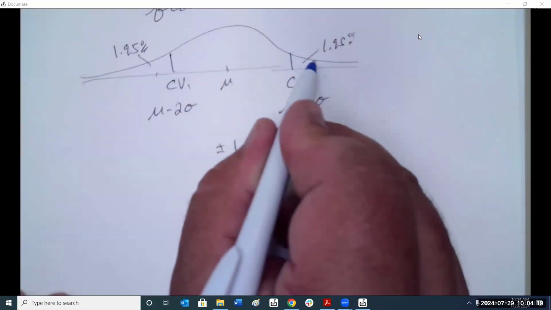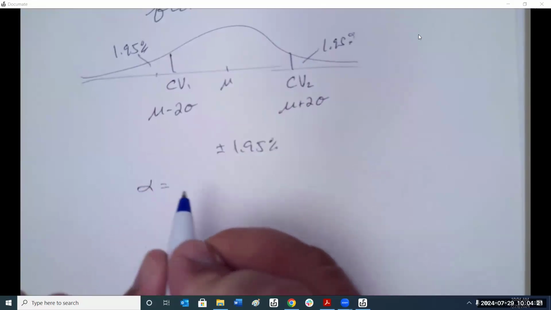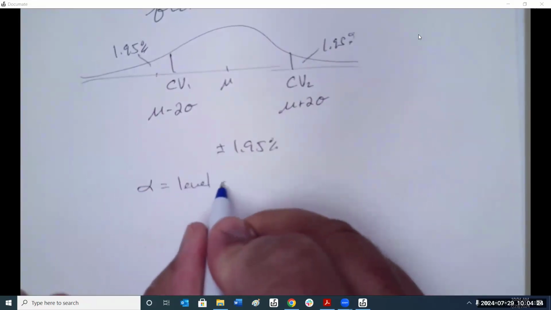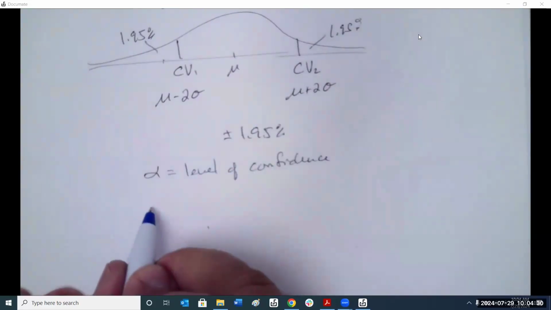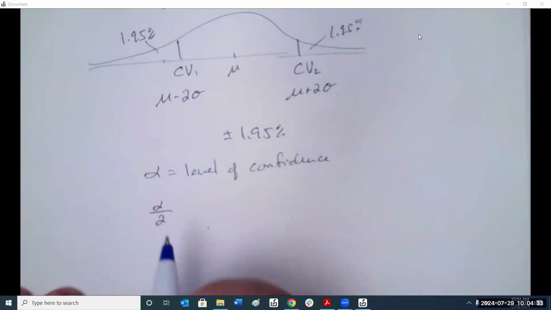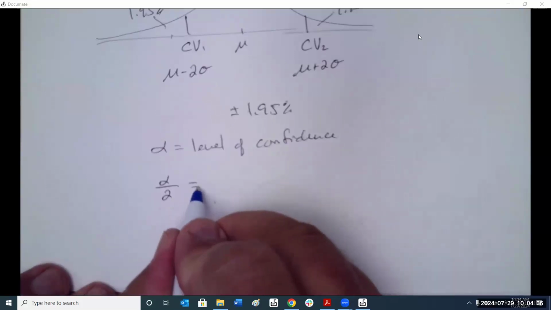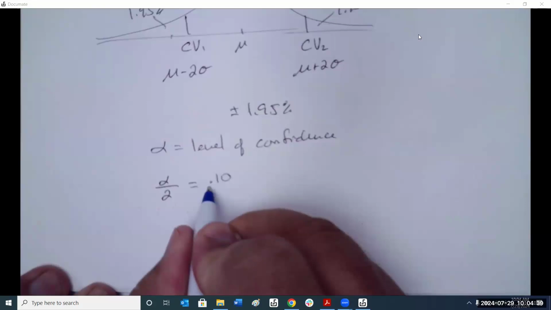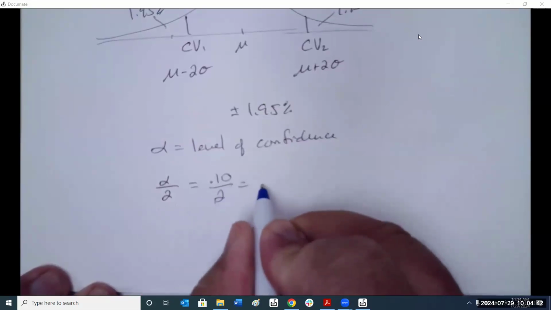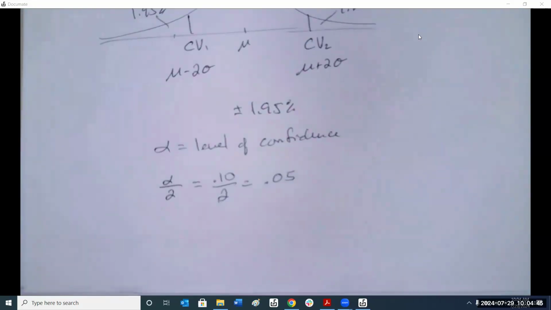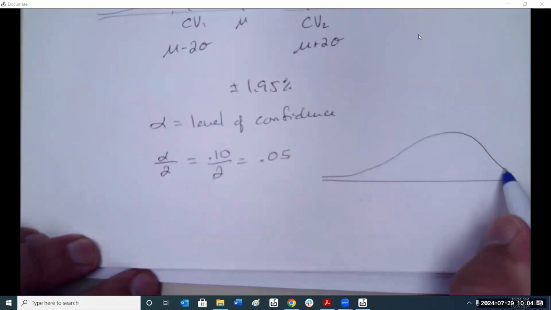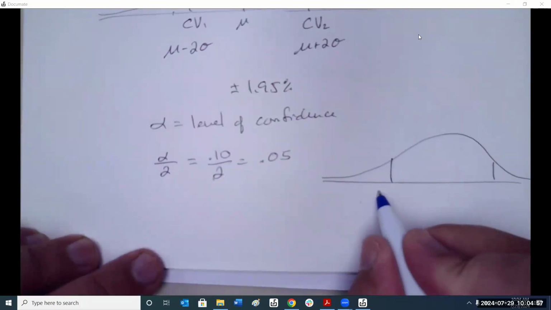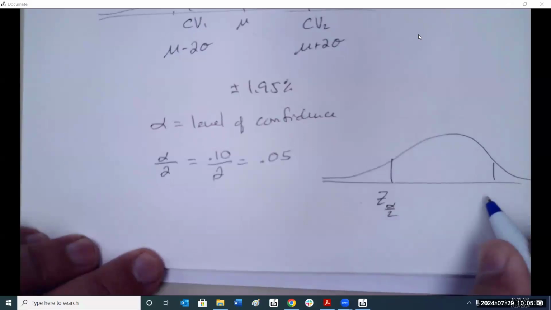So to find this, remember, alpha is your level of confidence. To find this one, we have to take alpha over 2. So we have, say, 0.10, and that means that both sides are 0.05. Why is that important? Because what we're doing here, we have to find the z-scores.